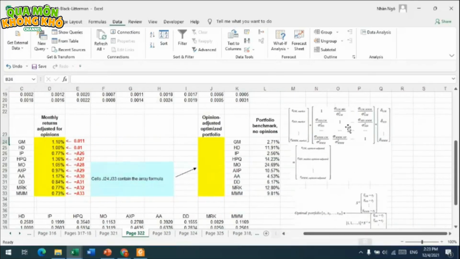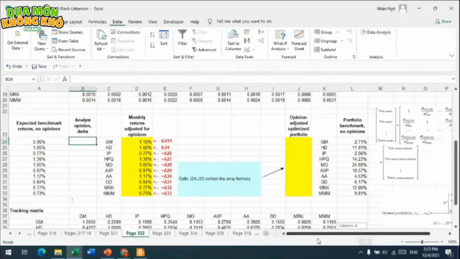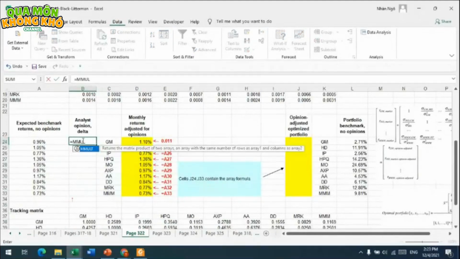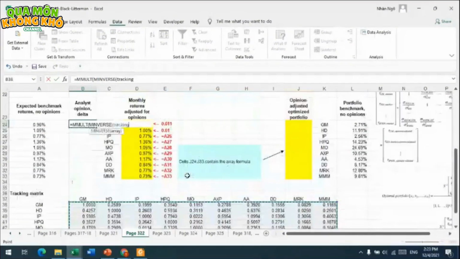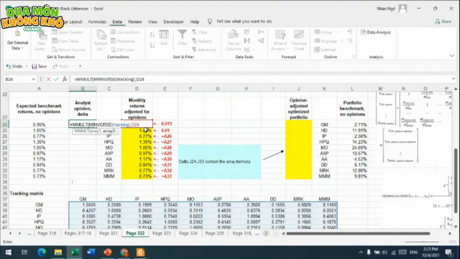You can see here we will change a little bit to calculate the delta. This is Mu, the inverse of the checking matrix here. And the return adjusted minus the market return.